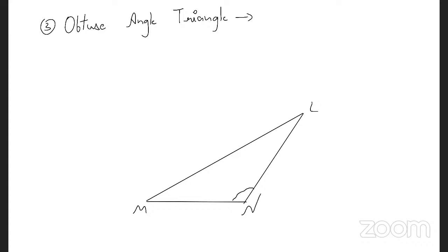What is an obtuse angle? Ma'am, an angle more than 90, less than 180. Yes, an angle that is between 90 and 180.